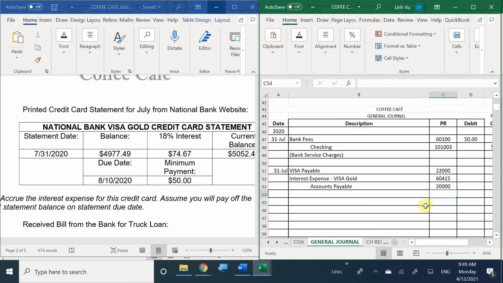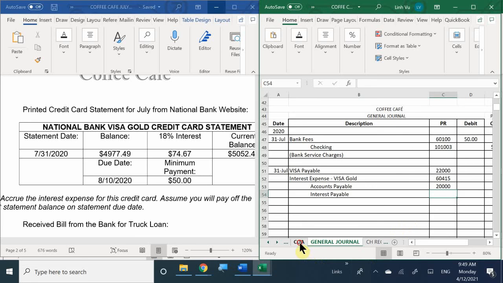Okay, now here's one thing we have to do. Interest is separate from my actual amount that I owe, right? It's a separate payment. Now, in this case, I'm accruing for how much I owe for interest. So we're going to be also recognizing interest payable, okay? Because we owe interest on a separate account. So let's look at our chart of accounts.